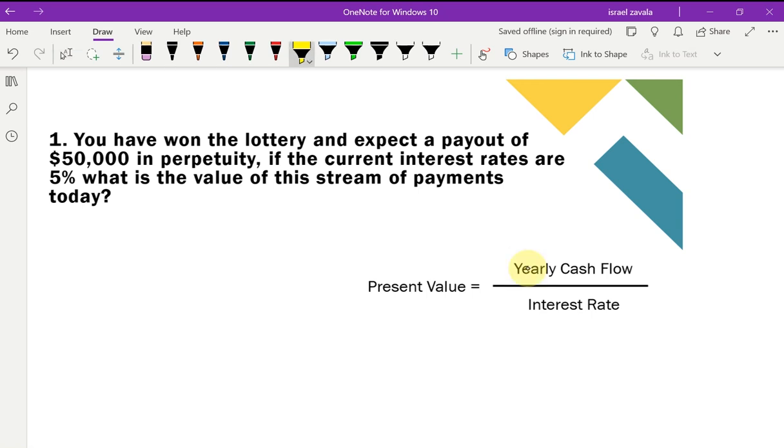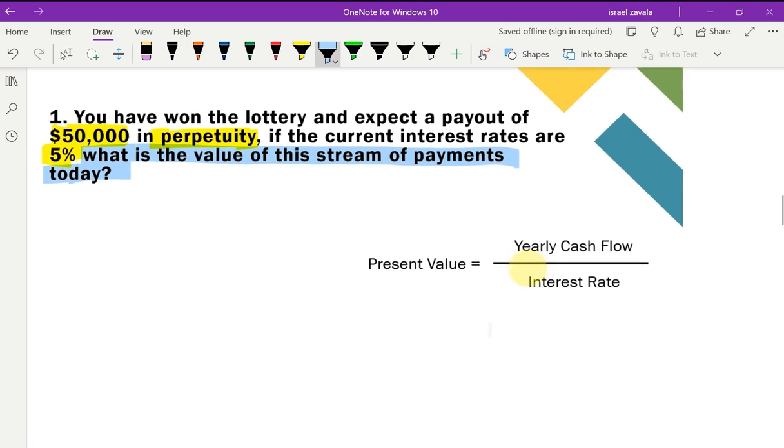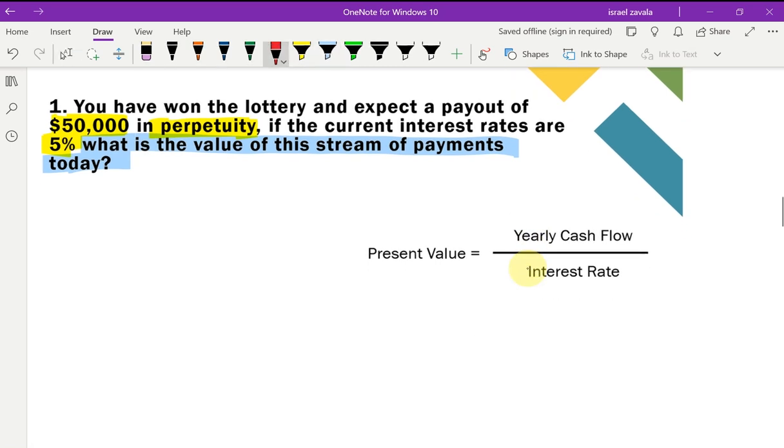You have won the lottery and expect a payout of $50,000 in perpetuity. That's important here. If the current interest rate is 5%, here comes the question: what is the value of this stream of payments today? So we have our formula over here on the right. The stream of payments is $50,000 in perpetuity, and the interest rate is 5%.